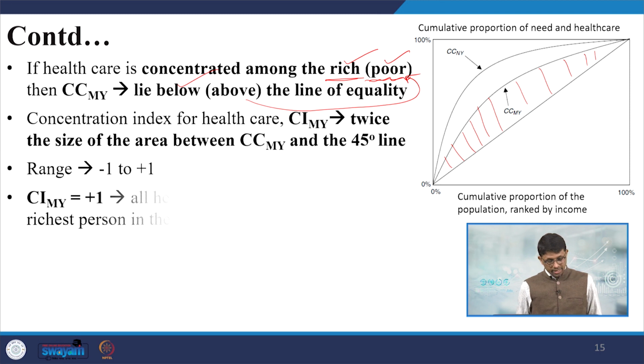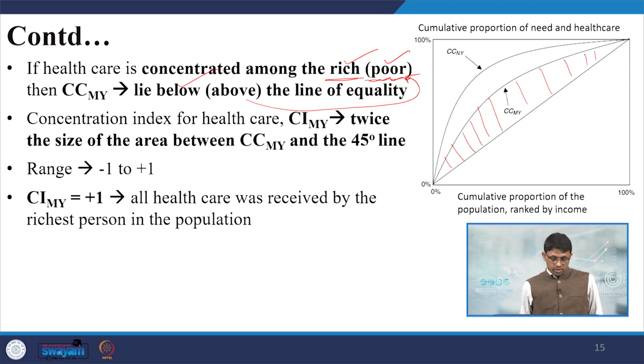And again, if it is +1, all healthcare was received by the richest person in the population. And if it is a positive number, not close to 1 but somewhere positive and less than 1, then it is guaranteeing that the distribution is actually helping the rich, and the richest are more benefited by the distribution.